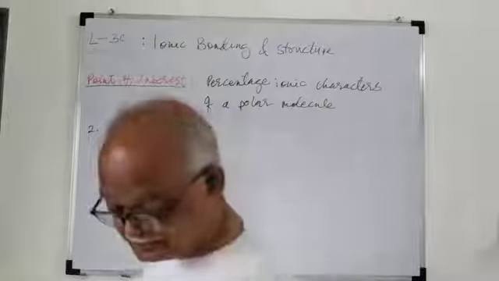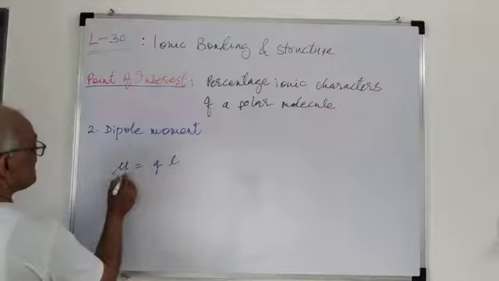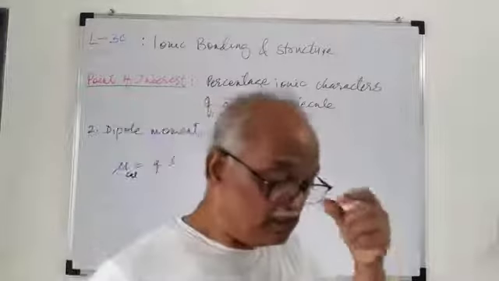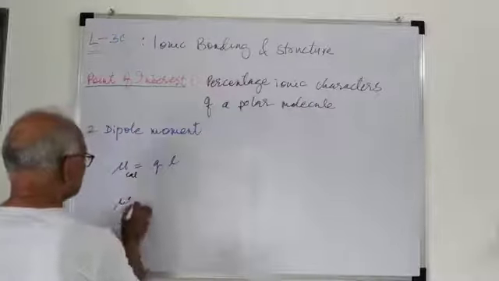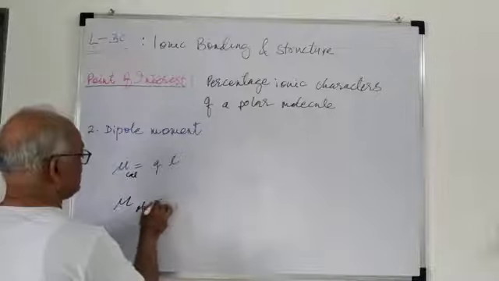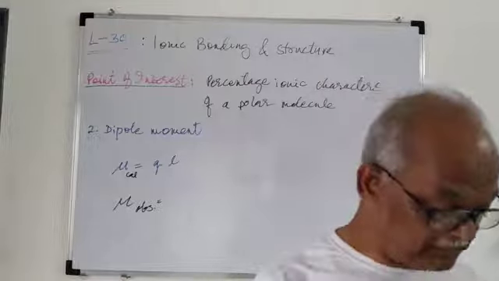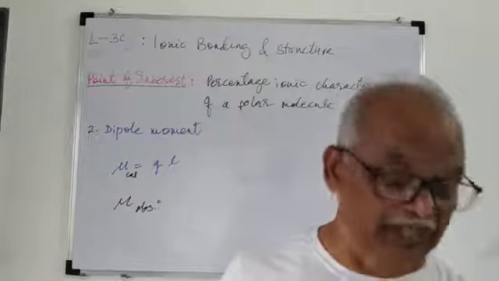If it is calculated in this way, it is called mu calculated, and we can also obtain mu observed values, which are observed experimentally.